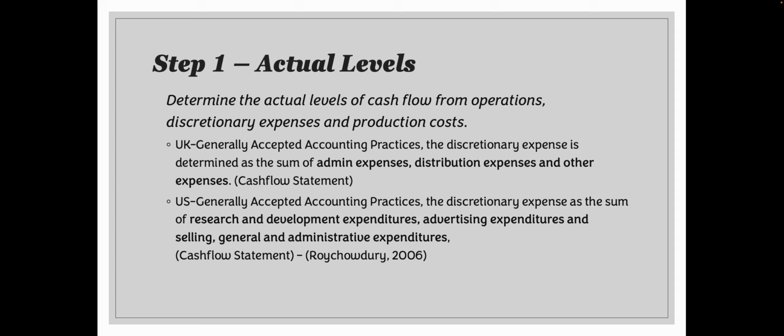So make sure you follow the correct definition and the correct admin expenses when it comes to creating the discretionary expenses and production cost. You can get advice from your supervisor, or you can research prior research done in your country or in your sample data.